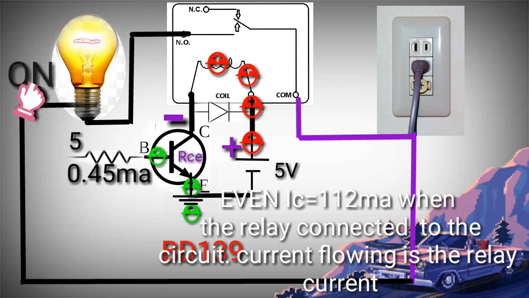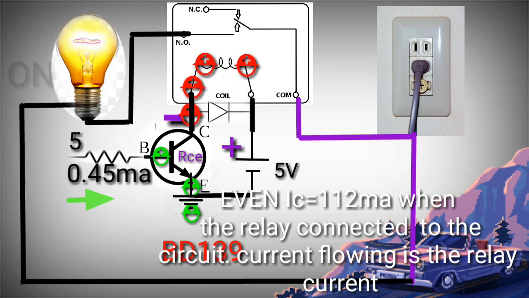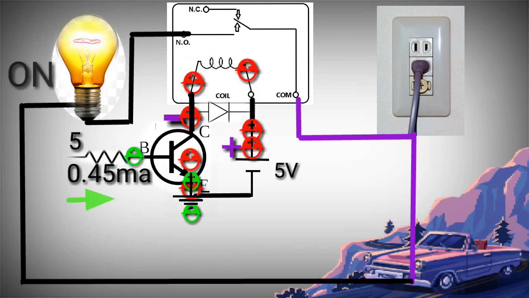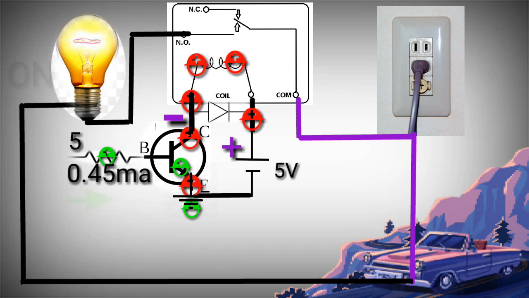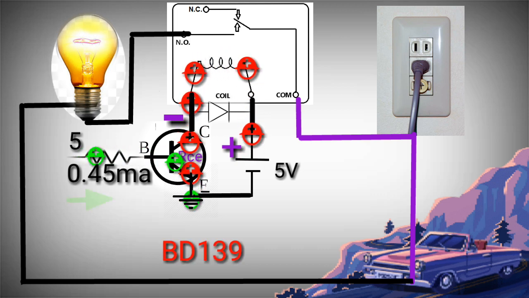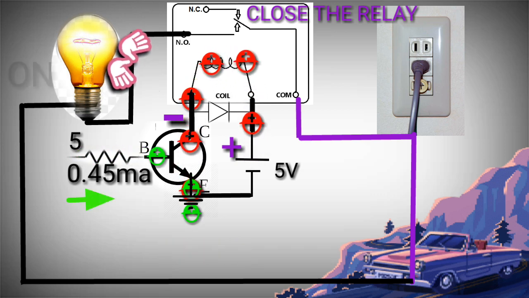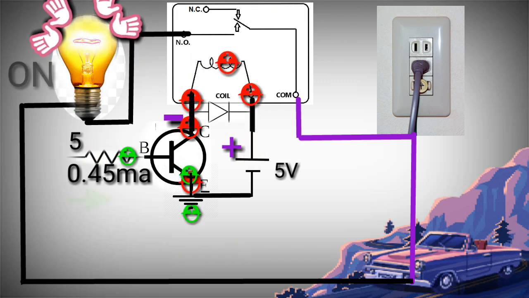This current flows to the coil of the relay switch, goes out from the opposite side of the coil, enters the collector, goes out to the emitter, and goes back to the ground. And the light bulb right now is glowing.